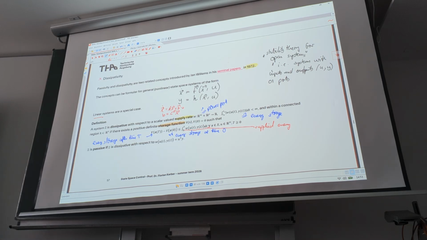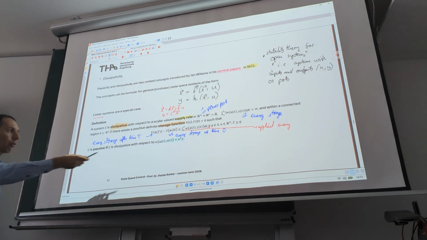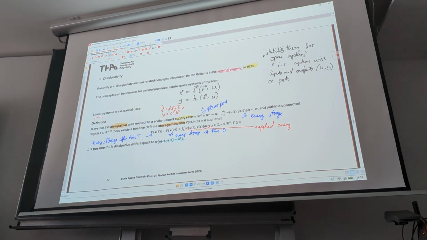Now, so this would be the general dissipativity property. This would be dissipativity, and in the case that we have a special supply rate, namely the power product, if you want, the duality product of input and output, then this is called passive.